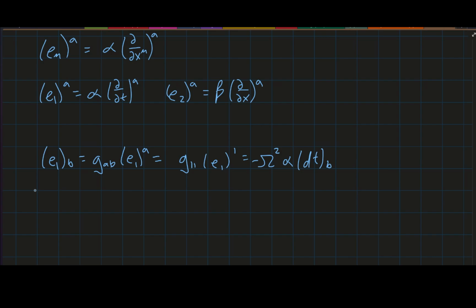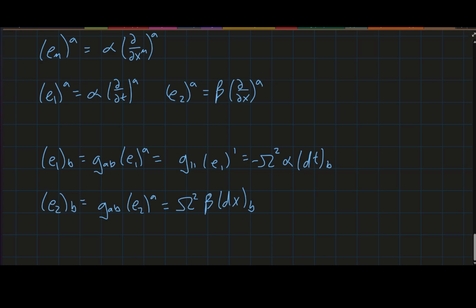Okay, so similarly for E2, we would lower it with the metric. So similarly, we get an omega squared out front from the metric term, and get a beta dx with a lower b.